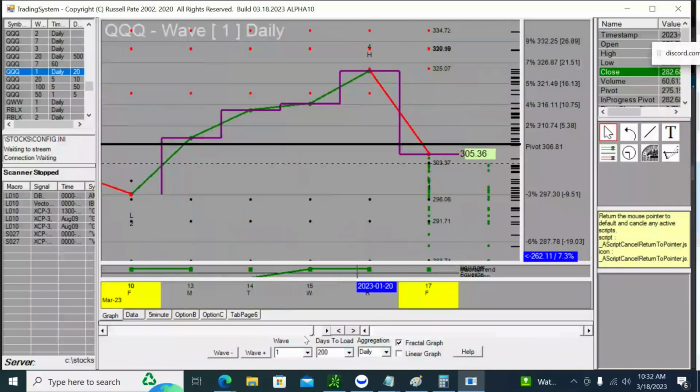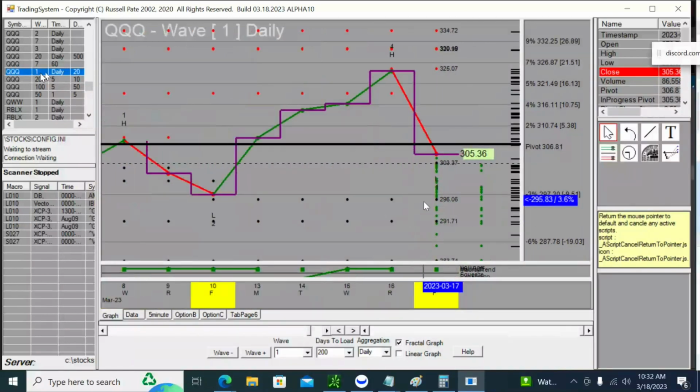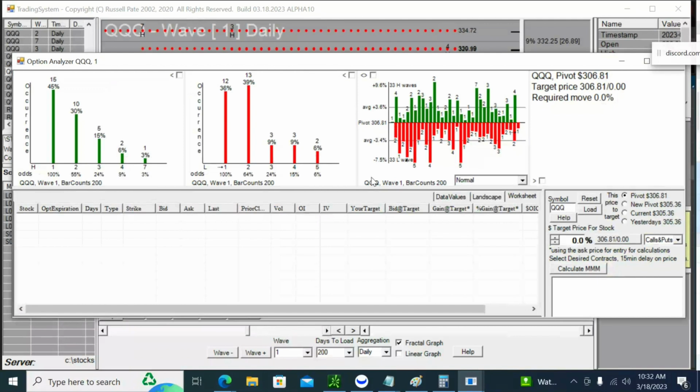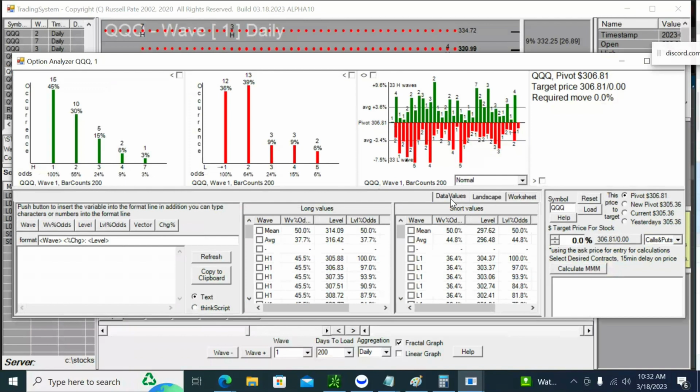And what did we end up with? Okay, so it was assigned an L1. Let's say on Monday, we could go to L2. So what I'll do is this. I'm going to find the first L2. So is it 302.91?